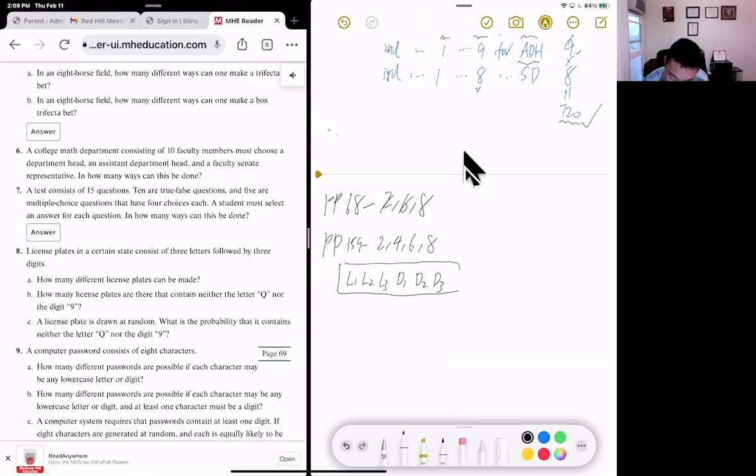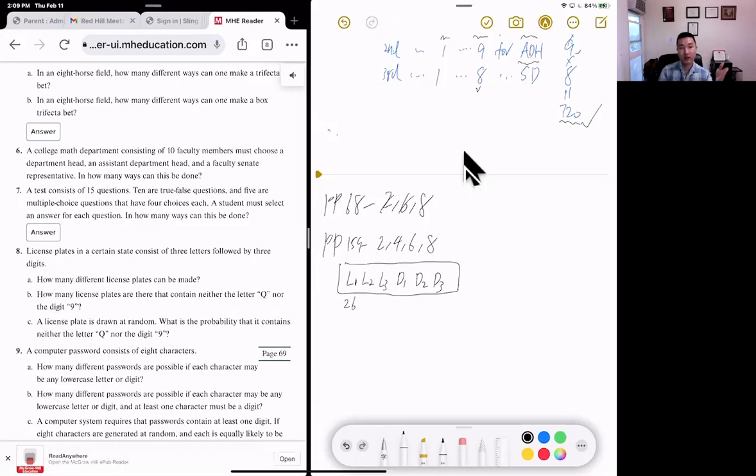We can think of this as 6 steps. The first step, we assign a letter to letter 1. How many letters can we choose? From A to Z, we have 26, so we have 26 choices.